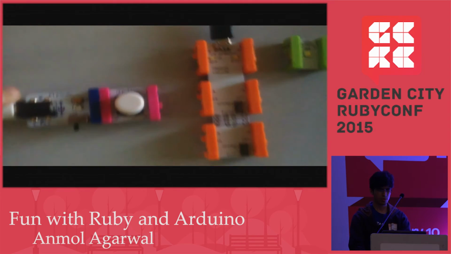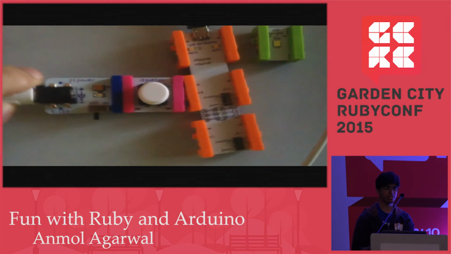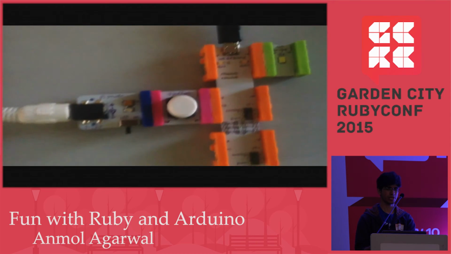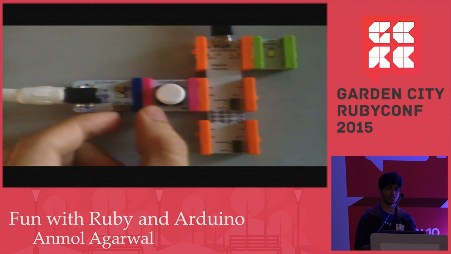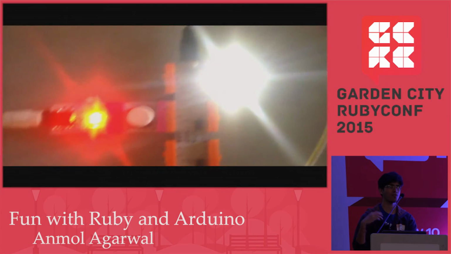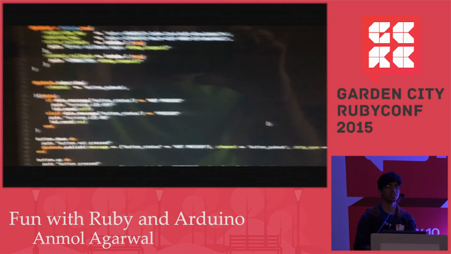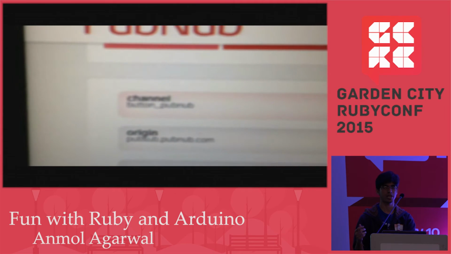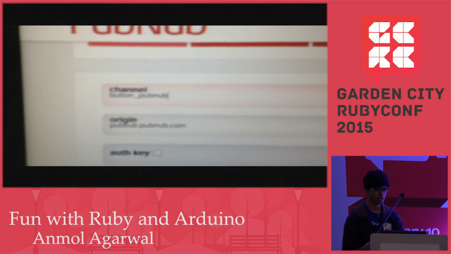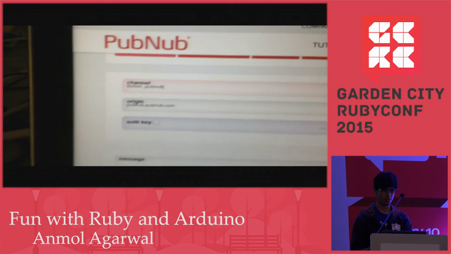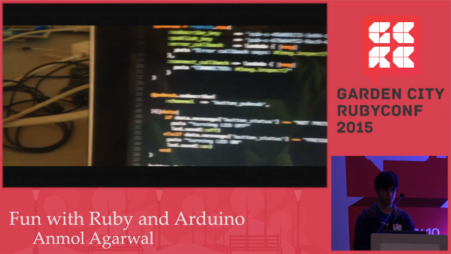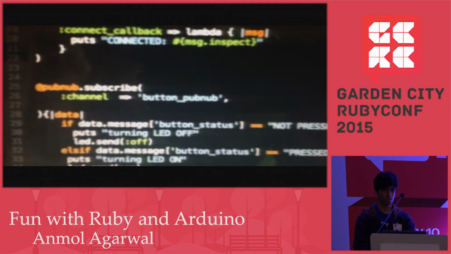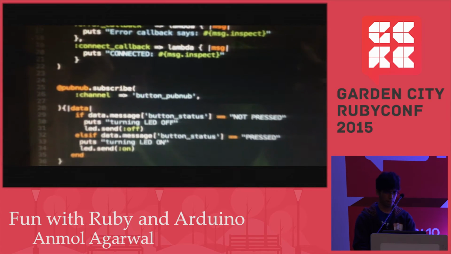This is an example where you can imagine you have a button here in Bangalore, and this LED is connected to an Arduino somewhere halfway around the world, subscribed to the same channel. You could turn it on from here, and it would turn on in real time within 0.25 seconds. Here I'm confirming the channel, making sure both are on the same channel, the same page.